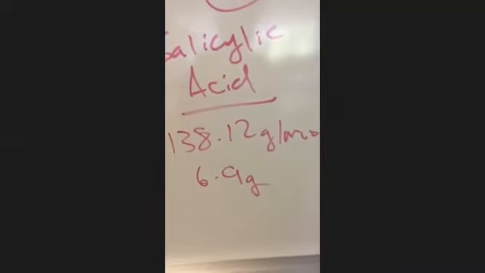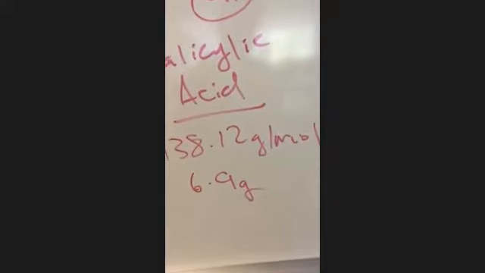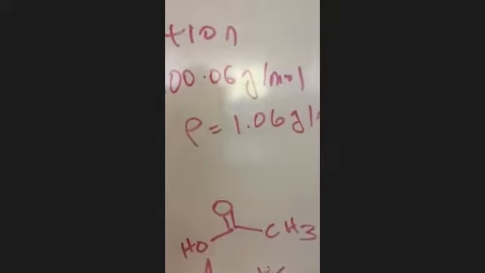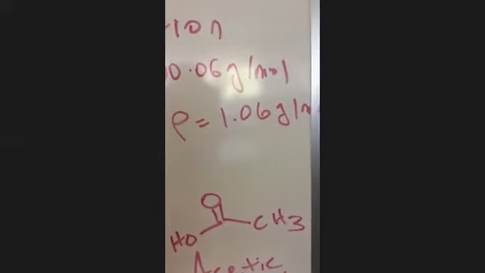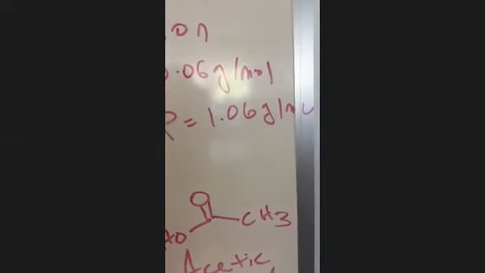And for acetic anhydride, 7 mL is the required, and we used a syringe, so it was pretty accurate. So it's 7 mL for required and actual. Molecular weight is right here, 100.06 grams per mole, and then the density is 1.06 grams per milliliter.